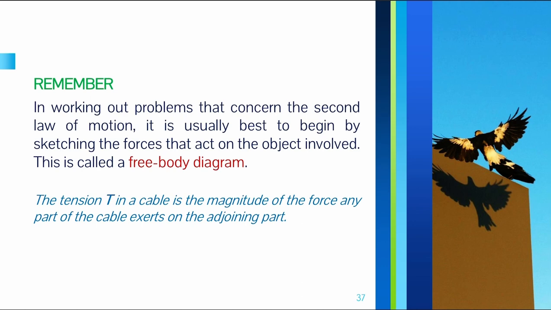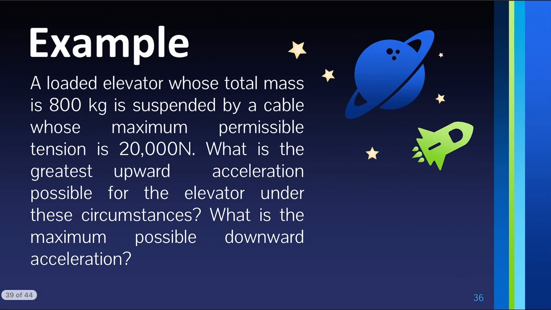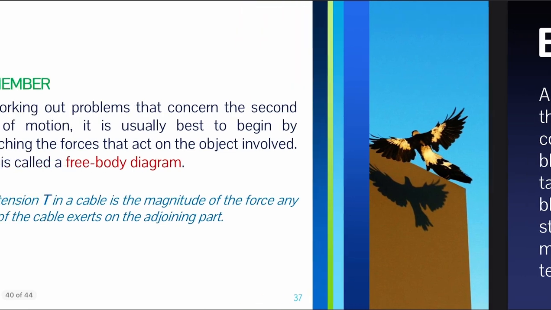In the problem, we are dealing with the cable of the elevator. It's suspended by a cable, and problems involving cables involve tension. So there is always tension. The tension T in a cable or a string is the magnitude of the force any part of the cable exerts on the adjoining part.